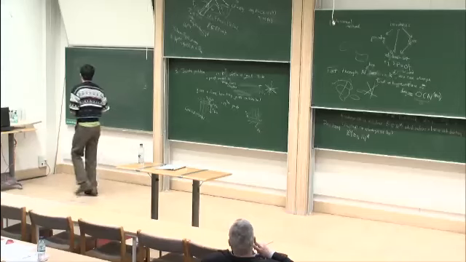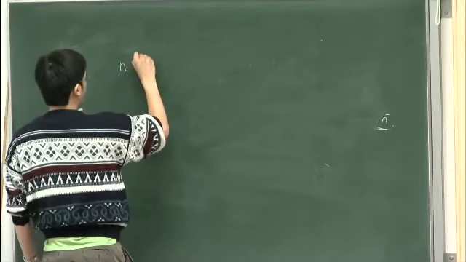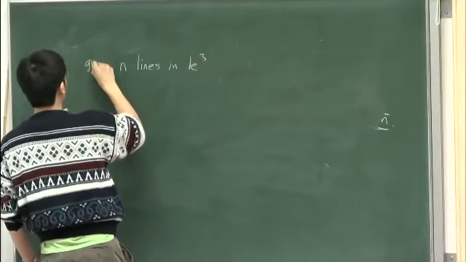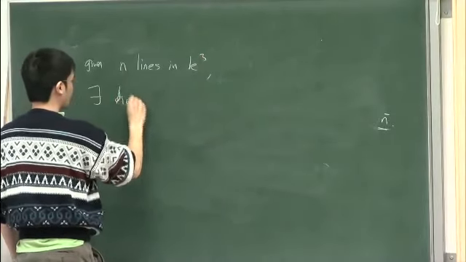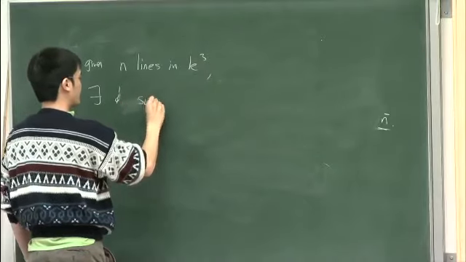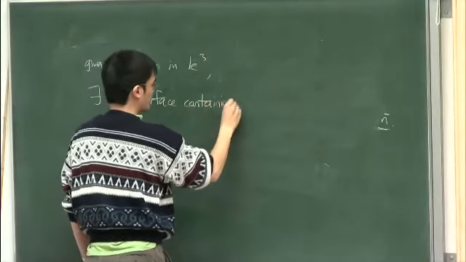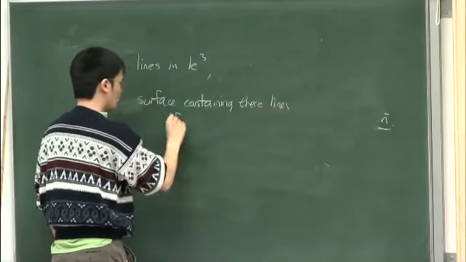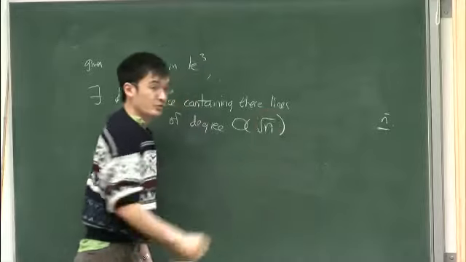Okay. So anyway, if you accept that fact, in particular, given n lines in 3-space, there is a hypersurface, not just a surface now, containing these lines, of degree root n.